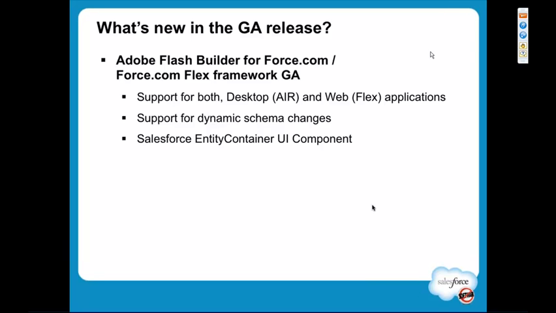It's very easy to change, for example, the underlying data schema in Salesforce.com. We support that now out of the box. Our sync logic automatically adapts as you change the Salesforce schema, and so do our UI components. And also, we will see in the demo the entity container UI component, which is able to render an entire detail page for you out of the box with pretty much one line of code. Those are, in essence, the major features that we added in the GA release.